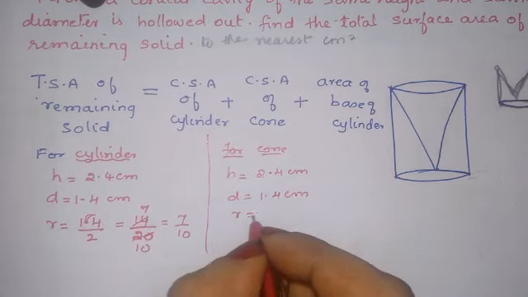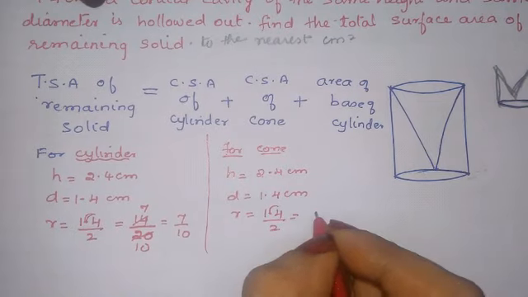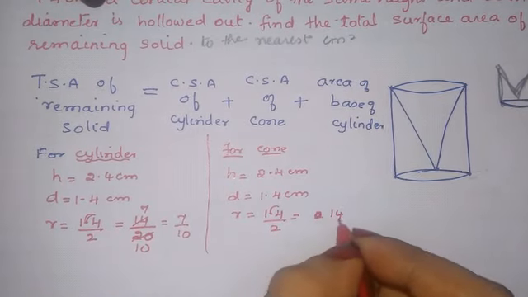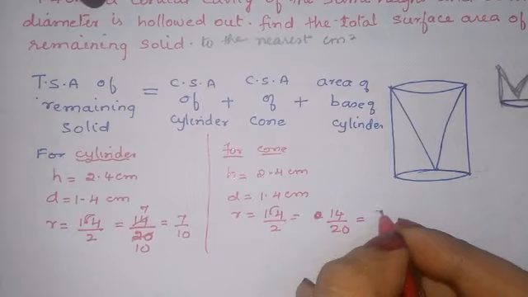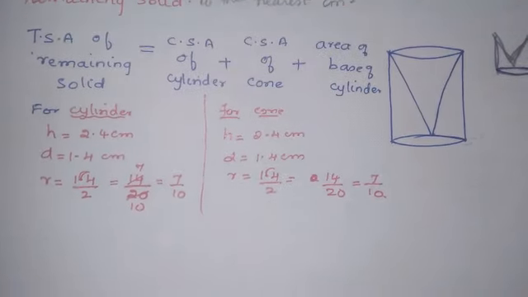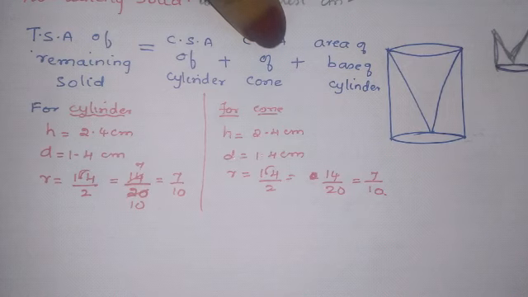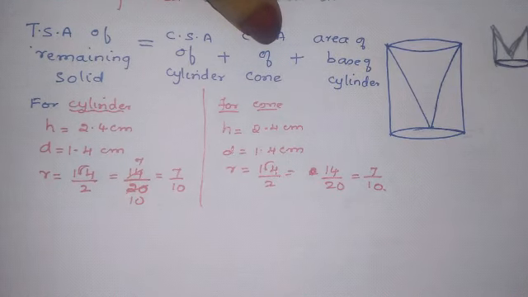That means radius is 1.4 by 2, that is 14 by 20, that is 7 by 10. But we know that CSA of cone is nothing but pi r l. Here slant height is not given, so let us first find the slant height.